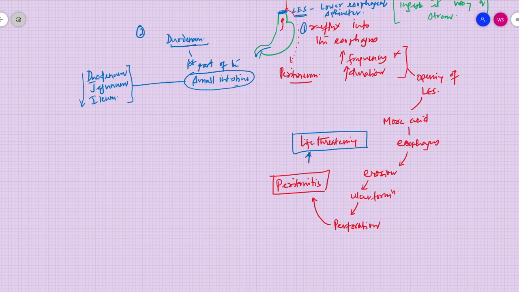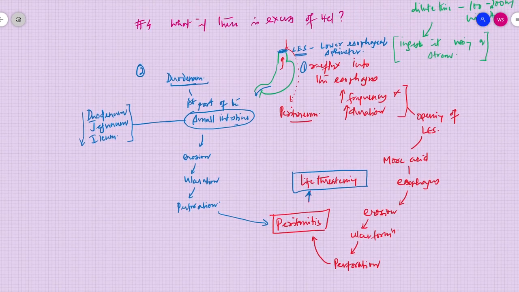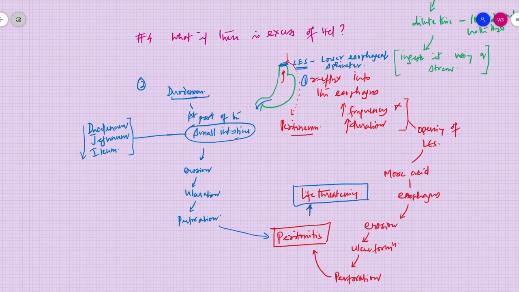In the same way as in the esophagus, the increased acid can cause erosion, that can lead to ulceration, and this can again lead to perforation, and in turn cause peritonitis. So there are these two important consequences of a pathological increase in HCl.